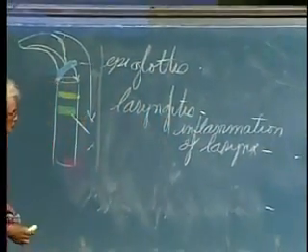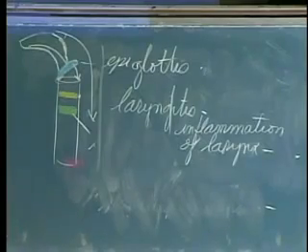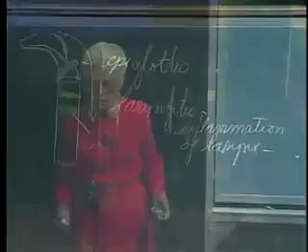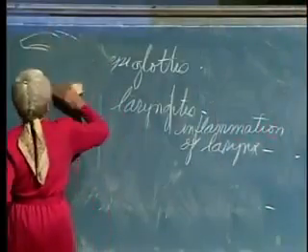So we move on from the larynx. What's the next part of our respiratory system? Where are we going to take the air after we've left the pharynx and the larynx? Pardon? Trachea, sure. It's all on the board, right? So our next one is the trachea.